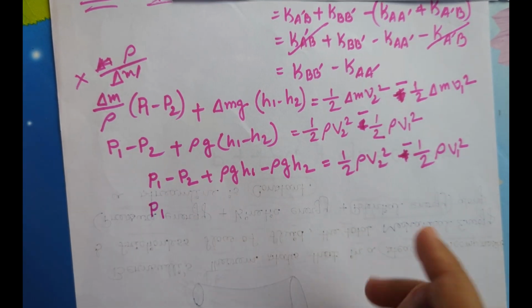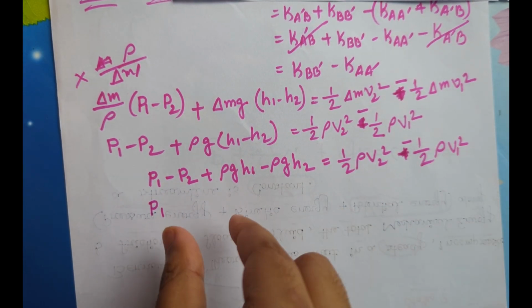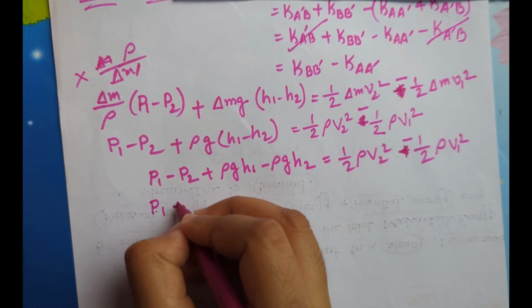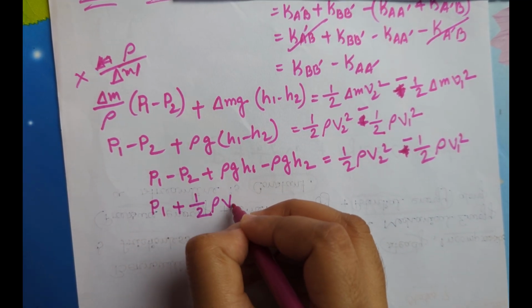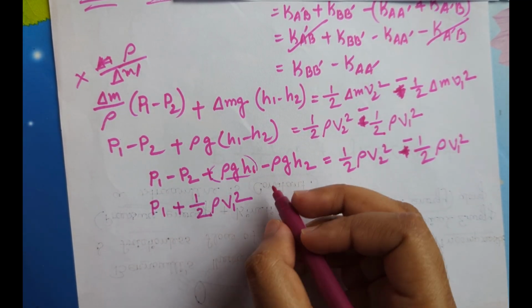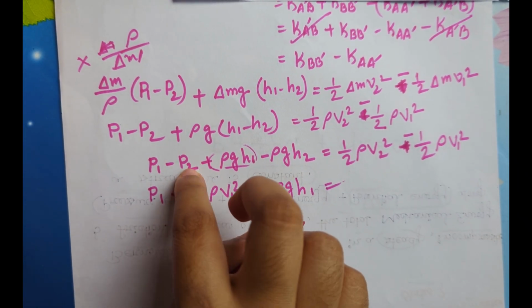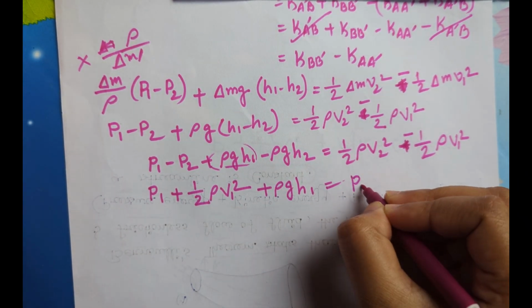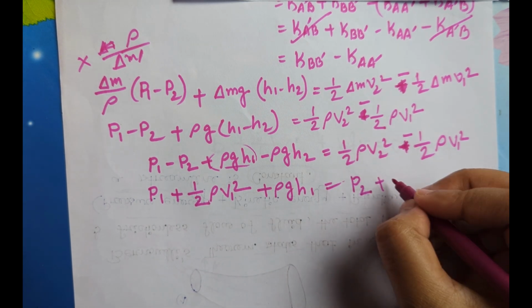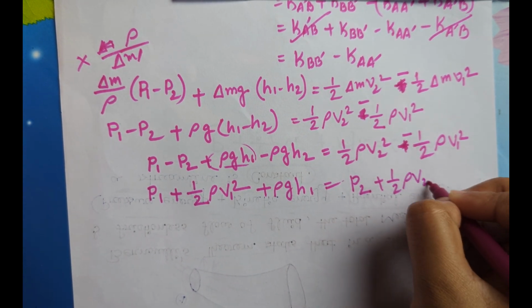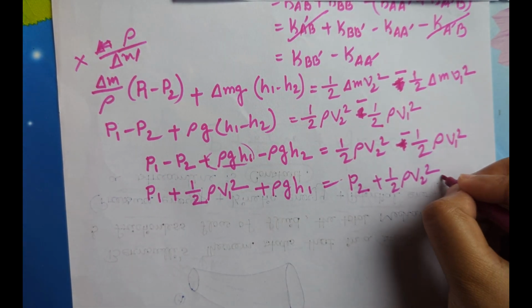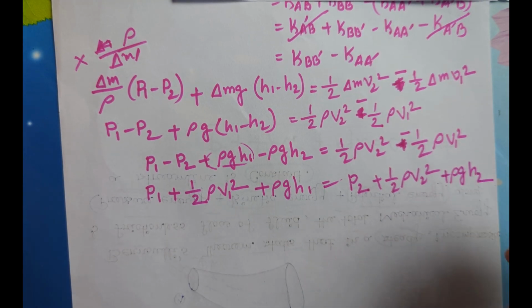So P1 and this portion will be taken to the left side, so this will be plus half rho v1 square, and this portion plus rho g h1 equals, we take the P2 to our right side, so P2 plus this kinetic energy half rho v2 square, and this potential energy plus rho g h2.